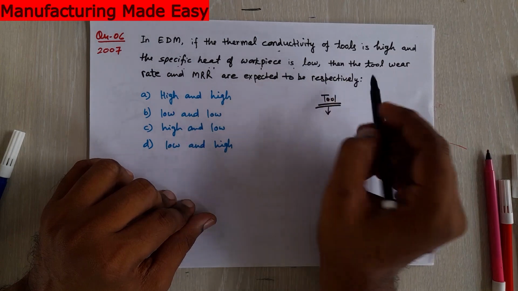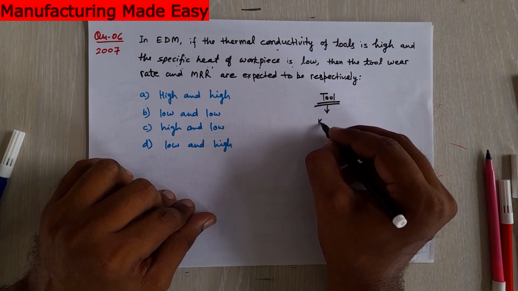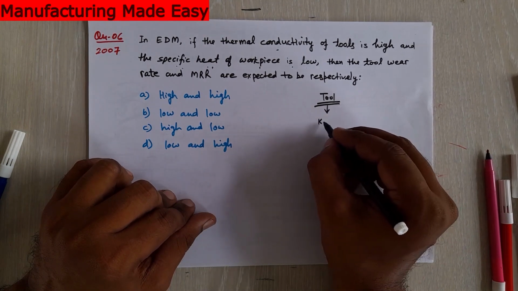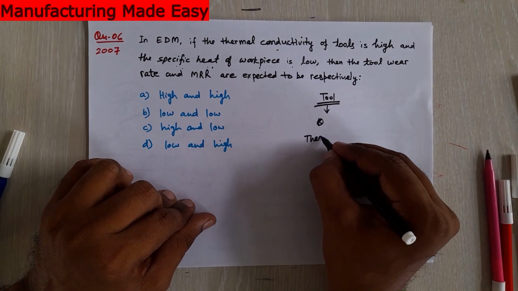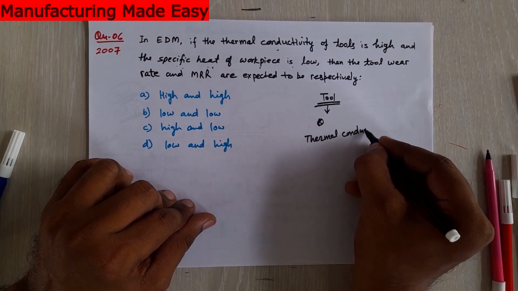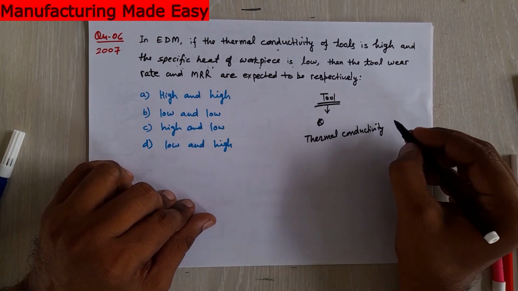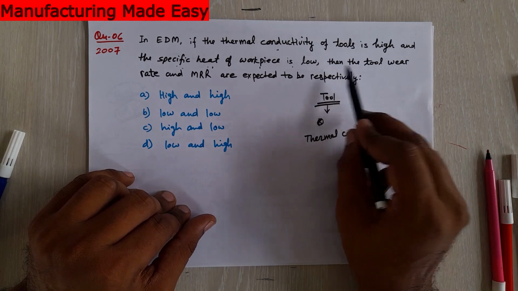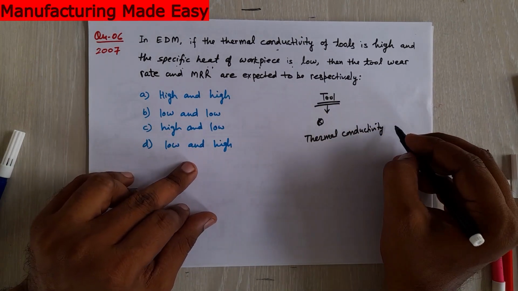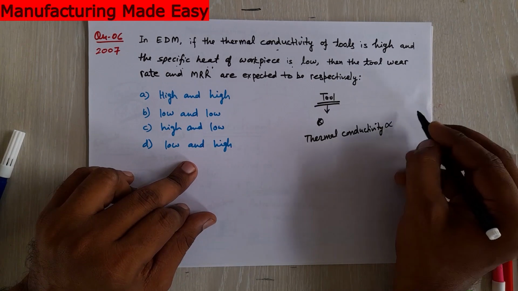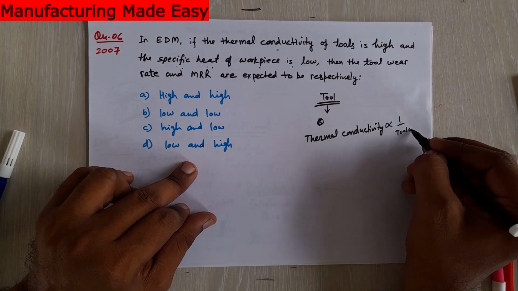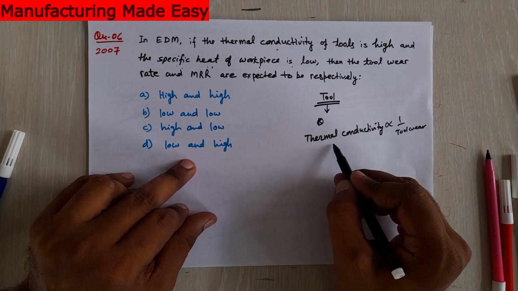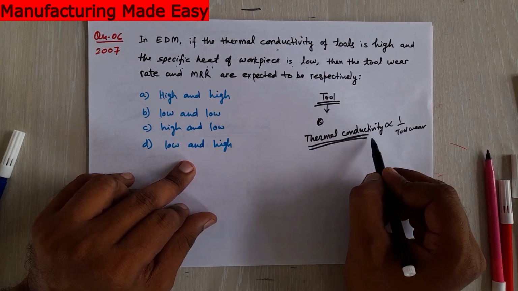High thermal conductivity is helpful. If we use high thermal conductivity, the tool wear rate will be less. So tool wear is inversely proportional to thermal conductivity: the higher the thermal conductivity, the less the tool wear. So high thermal conductivity is desired so that tool wear will be less.